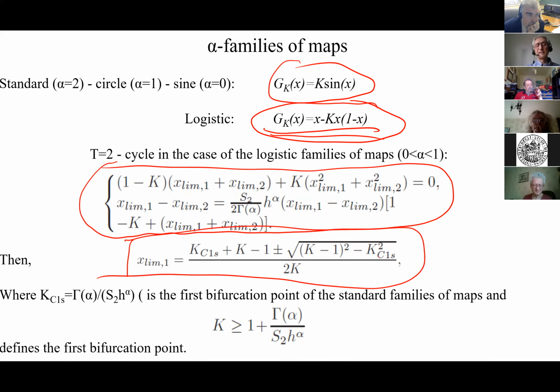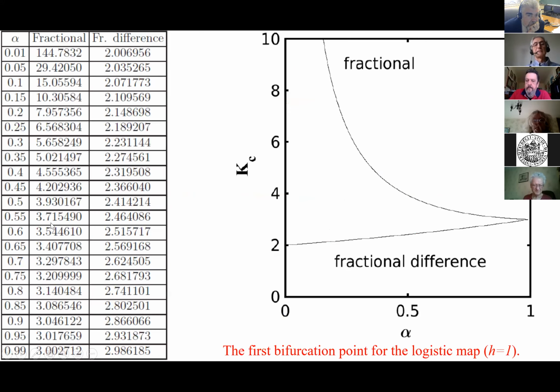And Kc depends on the value of S. Now those equations can be solved using function S, and critical points at which a transition from a stable fixed point to period 2 points occurs are depicted here on the two-dimensional alpha-K bifurcation diagram.